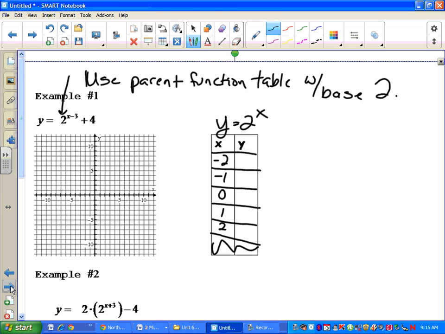Remember, you have to flip it over. 1/4, then what? A half, 1, 2, 4. Okay. That would be where we would graph this if we weren't moving it around. But we are moving it around. In fact, the easiest part is what's happening to our vertical asymptote?